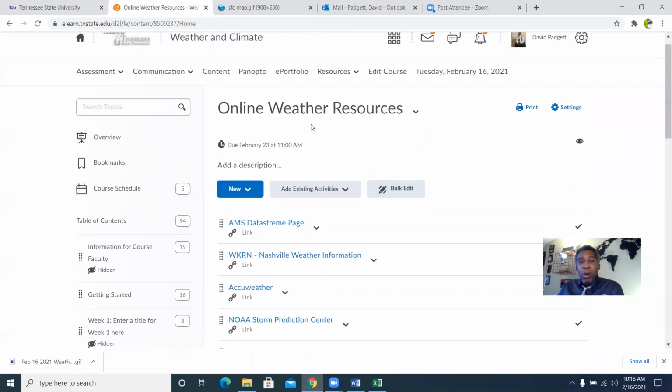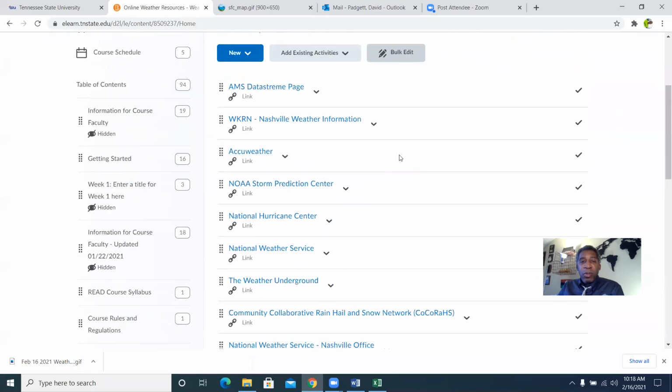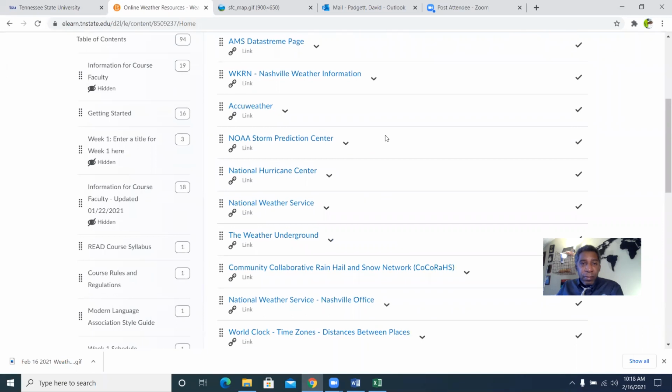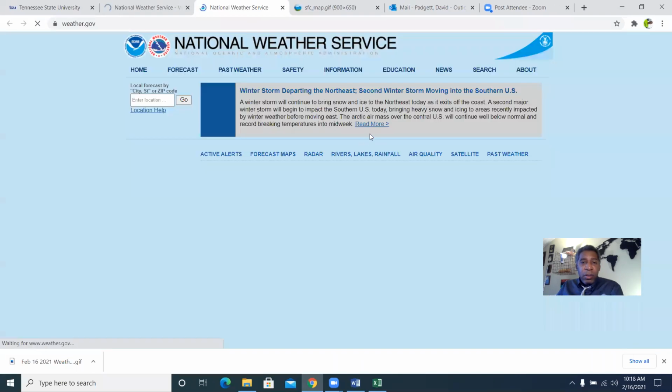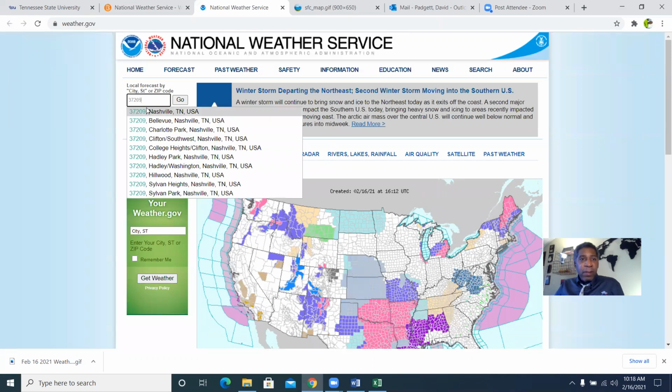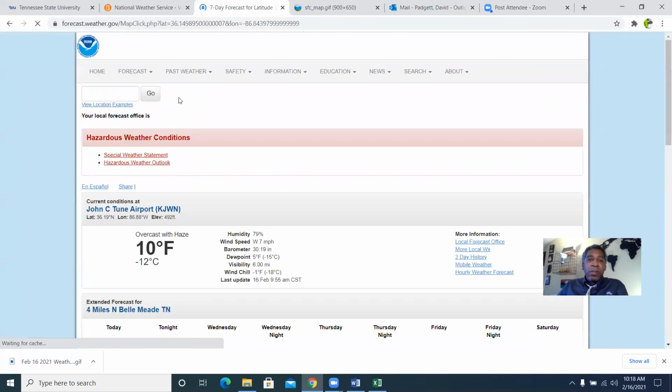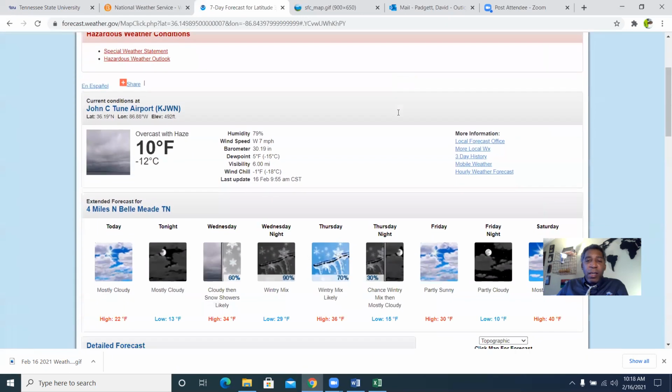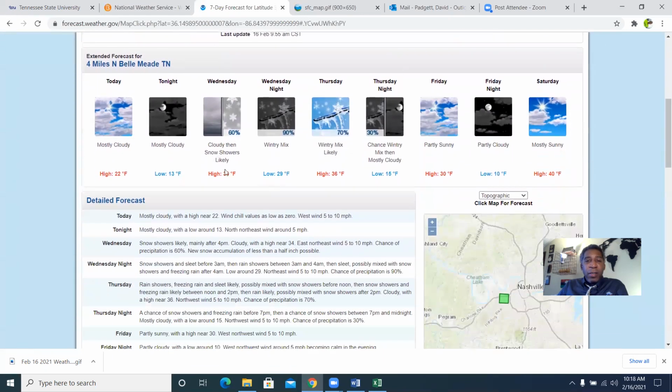So under online weather resources, you have lots of sources, AccuWeather, but let's look at the National Weather Service, and I'm going to type in 37209. It's Nashville's, so it's TSU zip code. And let's look at the 5-day forecast.